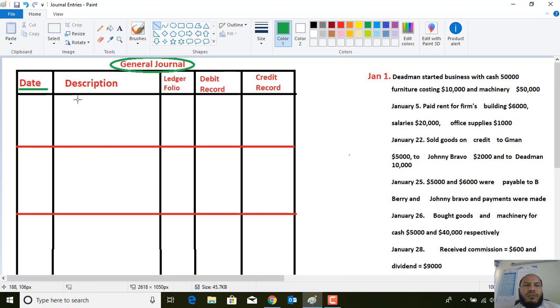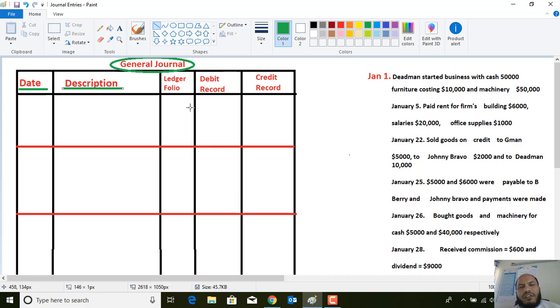The second column is for the description. Remember our earlier discussion about the general journal: in the description column we record the names of the transaction along with a small explanation of the transaction.